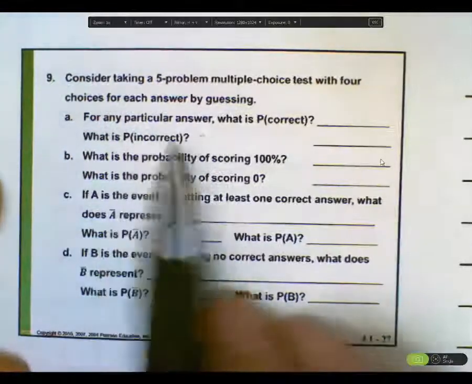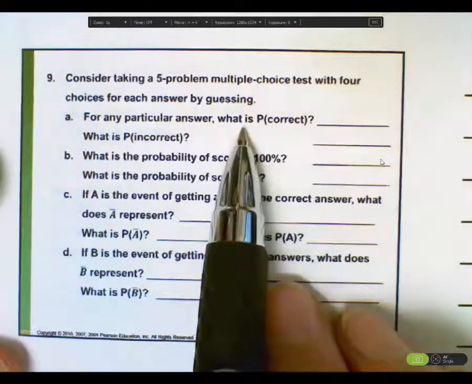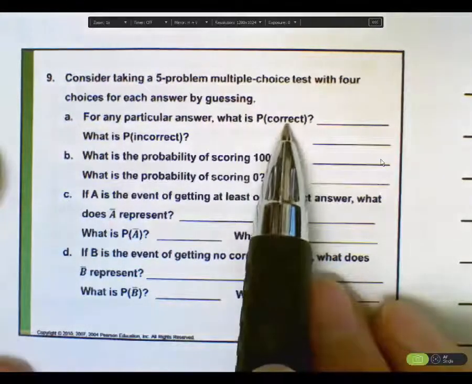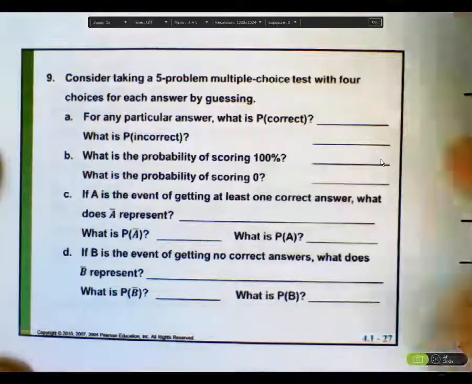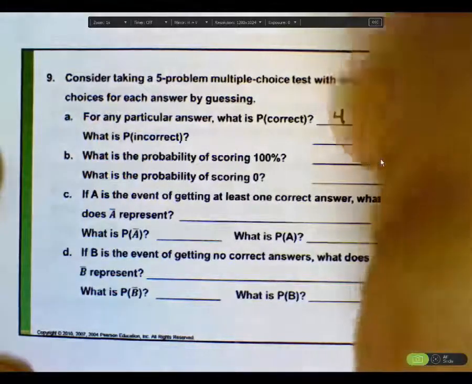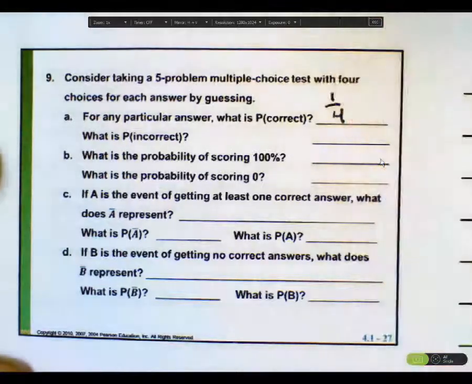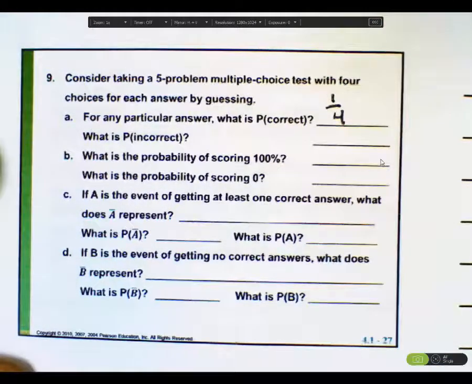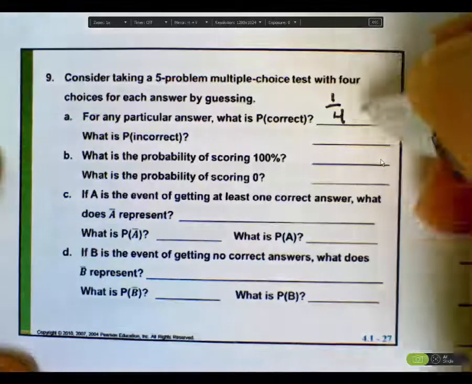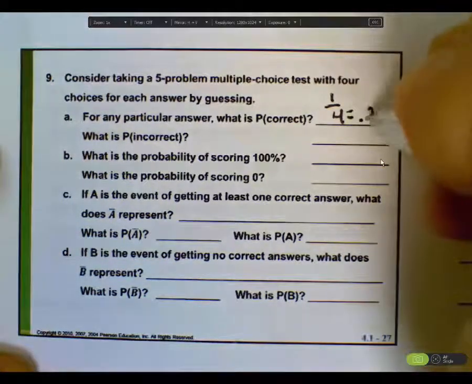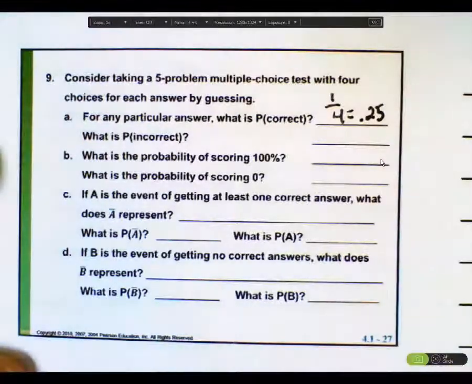So for any particular answer, what's the probability of guessing correctly? Again, there are 4 possible answers, and only one of them's right. So the probability of guessing correctly on any particular problem is 1/4, or if you wrote it as a decimal, 0.25.